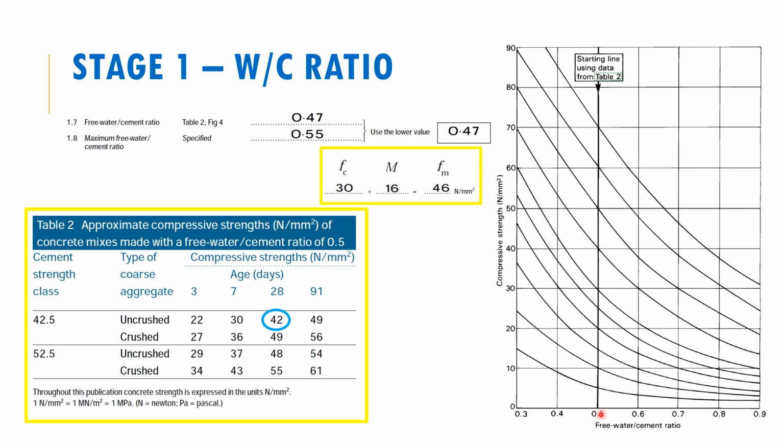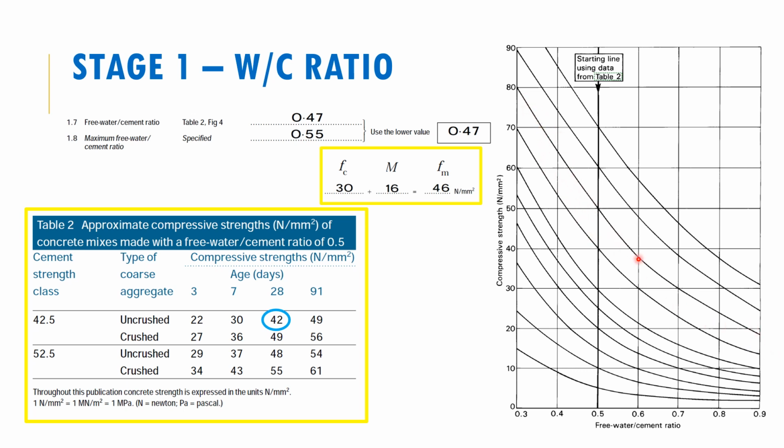So from 0.5, if I keep on going up until I reach strength 42, so that's the strength that's specified over here that I extracted from table 2, I will then draw a line, a curve, that has a shape similar to these two curves over here.